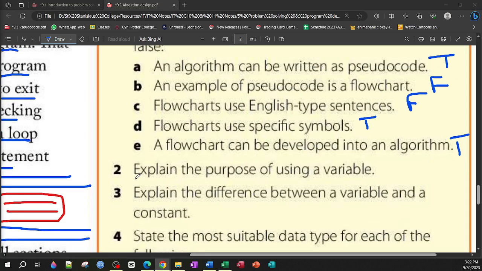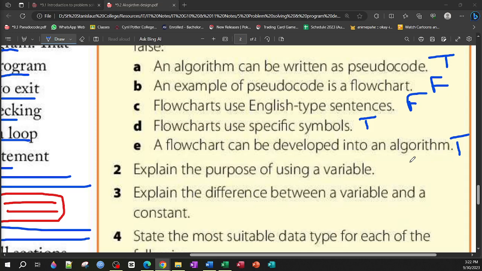Question 2. Explain the purpose of a variable. A variable is used when you don't want to have one recurring value over and over, like a range of options. Good.